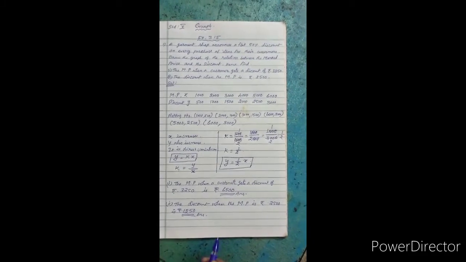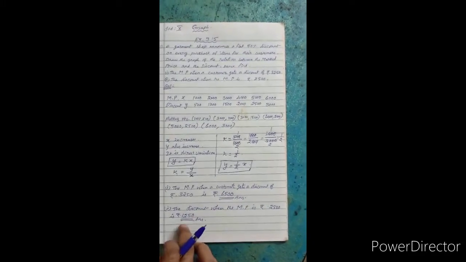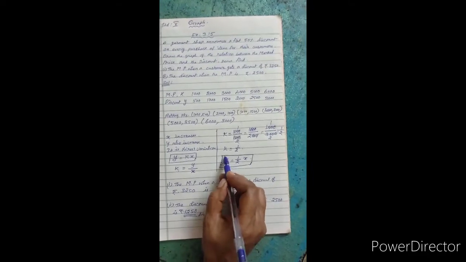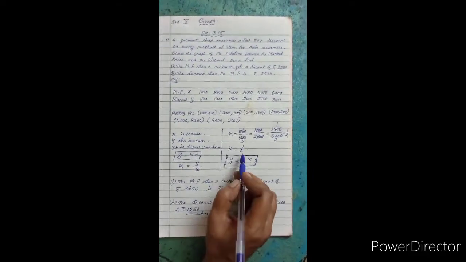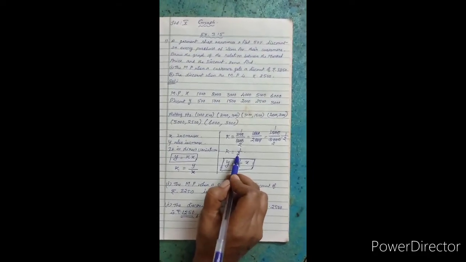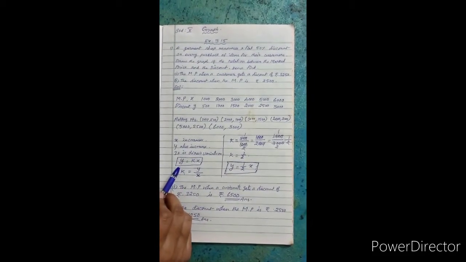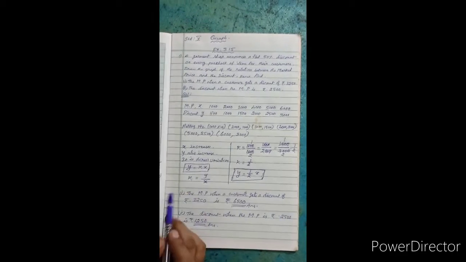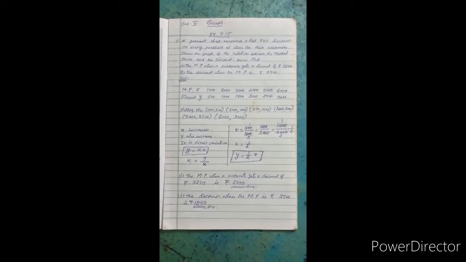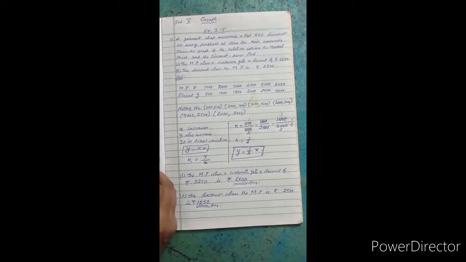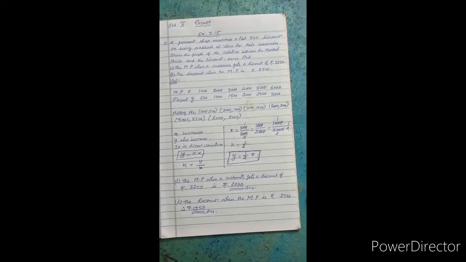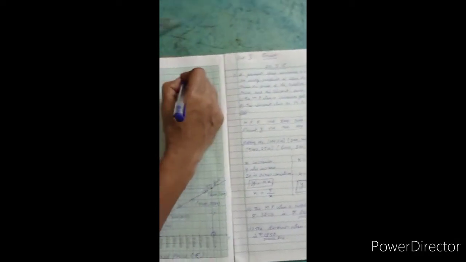So these two are our required answers. In this question, these two answers are very important. Plus this equation is very important. Here our constant value is 1/2. This is the formula for direct variation. Direct variation means we always get a straight line in our graph. Okay, then write the scale.